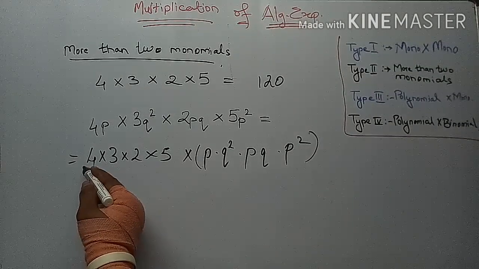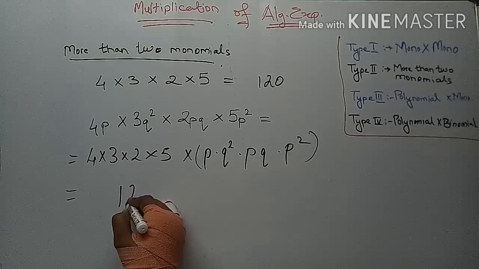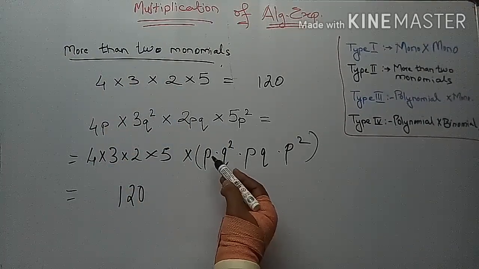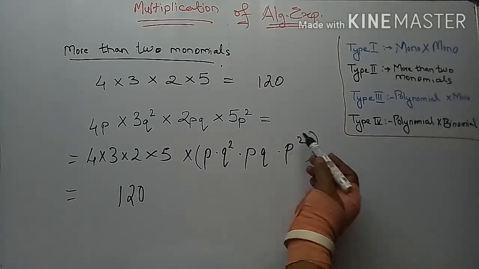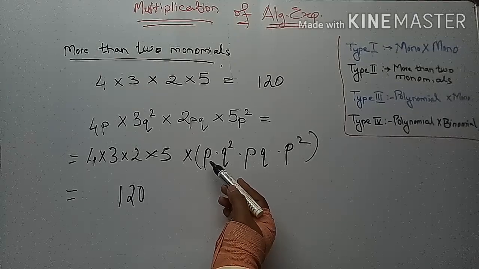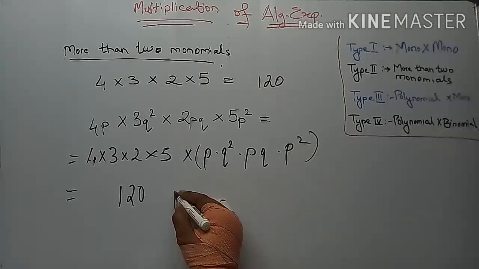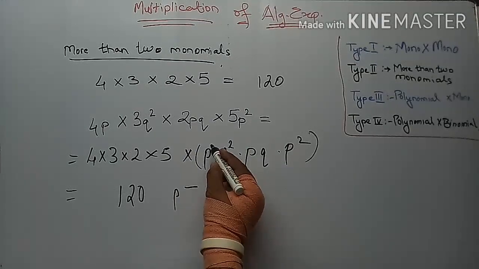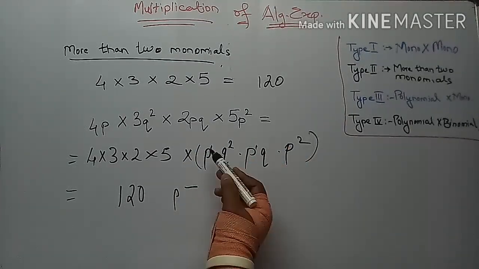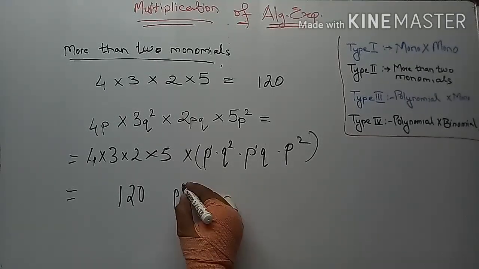Now the multiplication of the numerical coefficients gives me 120, as I have taken the same example. And for the product of the variables, as we have studied exponents earlier, we know that the product gives p raised to a number which is the addition of all the indices: 1 plus 1 plus 2, that is 4, so p raised to 4.